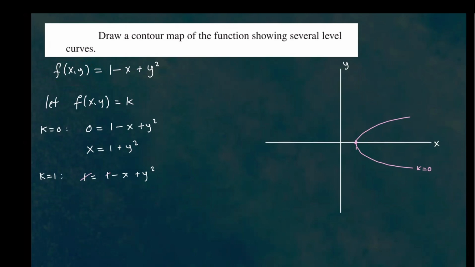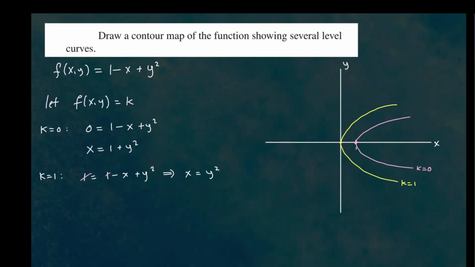If you rewrite the equation, you simply have x is equal to y squared. So again, another parabola along the x-axis, and the x and y intercept are going to be 0, 0. So that's just going to be right here. I'll just put that in a different color. So this is the next parabola, and this is the level at k equals 1.